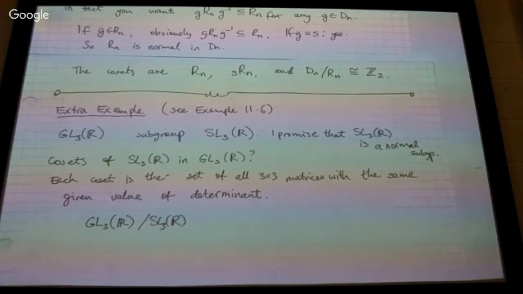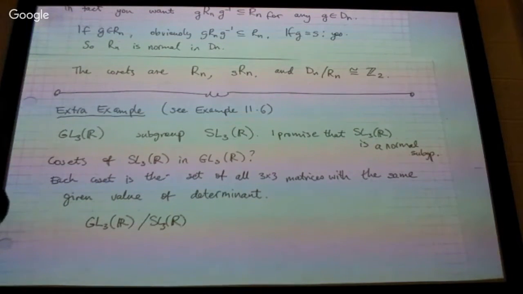The elements are the cosets, right? So you get one set of matrices that all have the same determinant x, and another set of matrices that all have the same determinant y. And you do the product of these two cosets. You're supposed to get a coset.